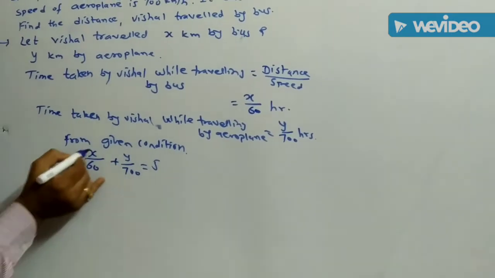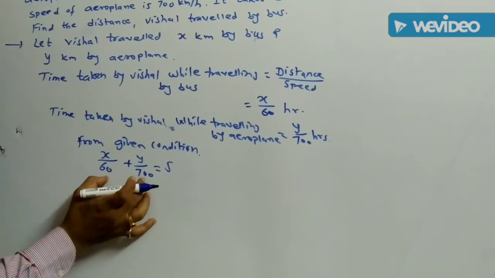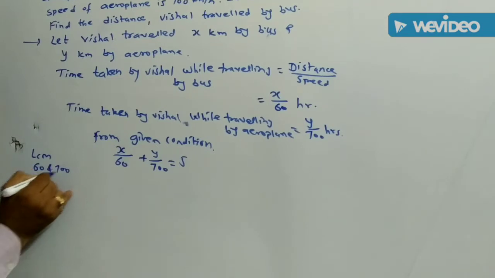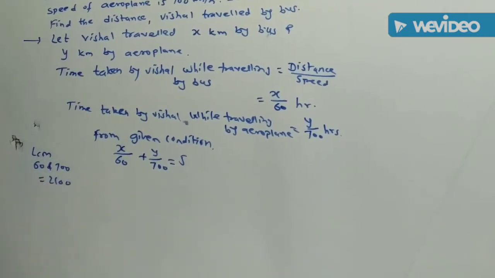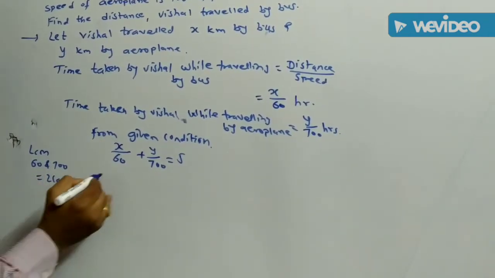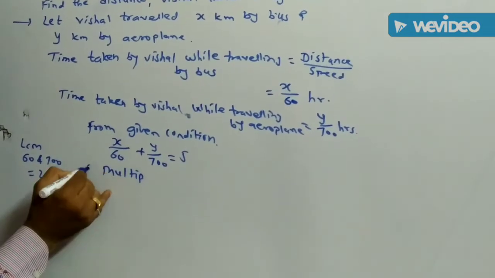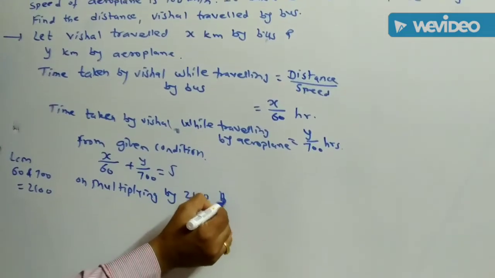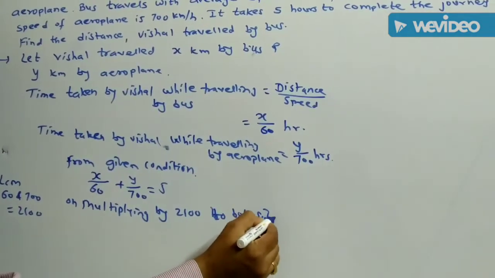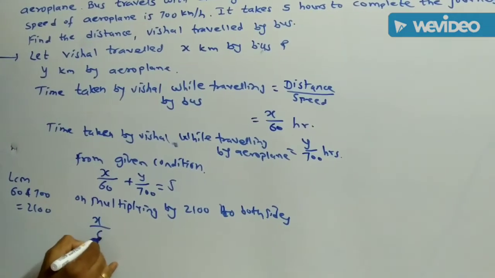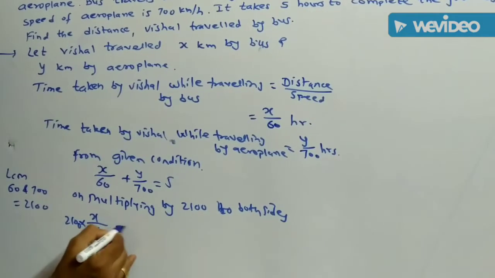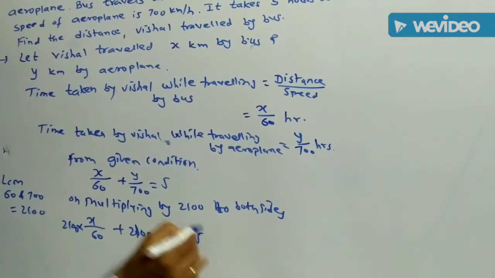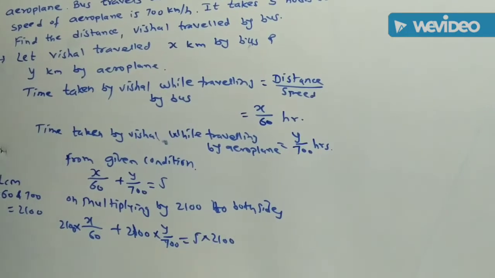Now, to convert this into a simultaneous equation, we have to take the LCM. LCM of 60 and 700 is 2100. Therefore multiplying by 2100 to both sides, we get x upon 60 into 2100 plus 2100 into y upon 700 is equal to 5 into 2100.